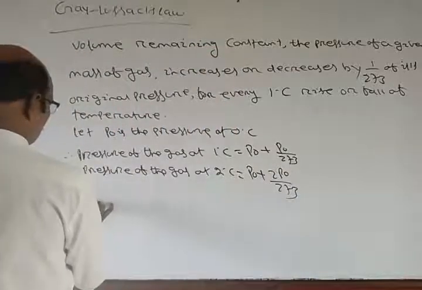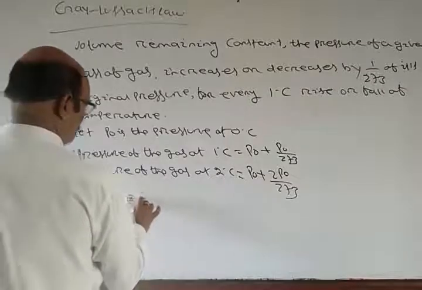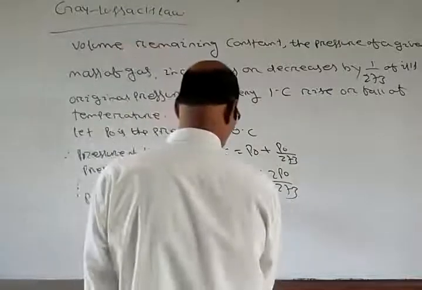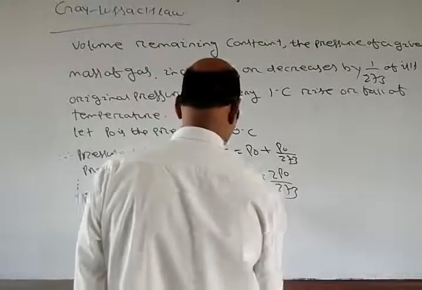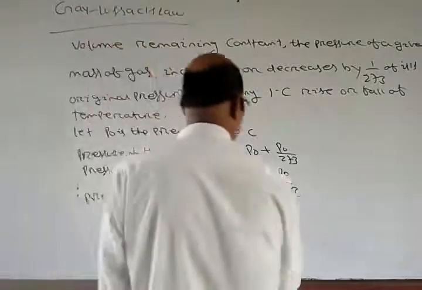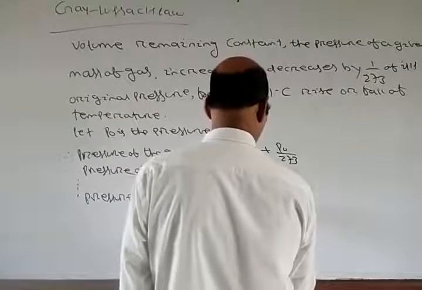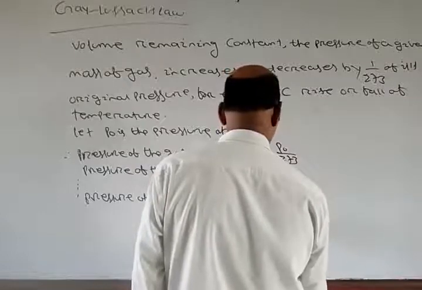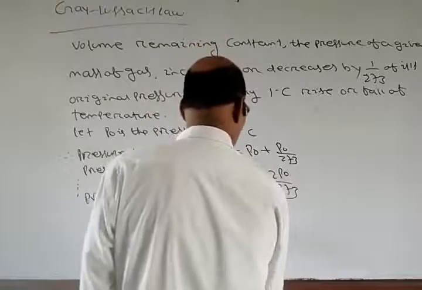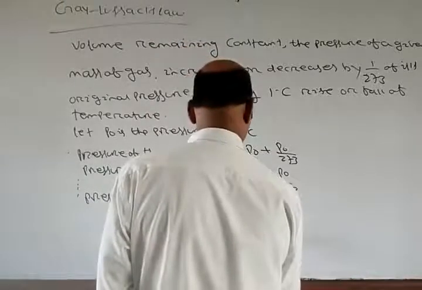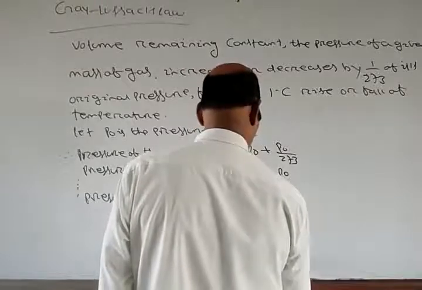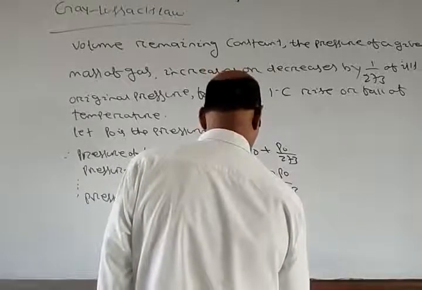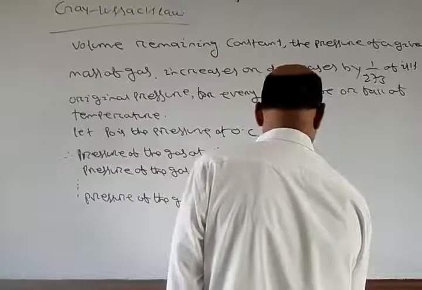Therefore, pressure of the gas at T degree centigrade is equal to P0 plus P0 T by 273, that is P0 into 273 plus T by 273.